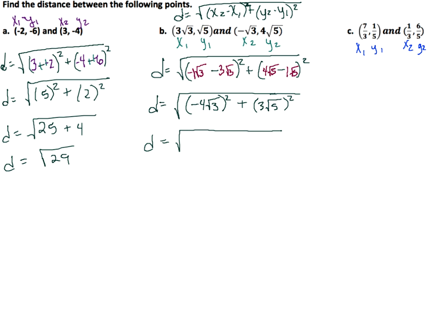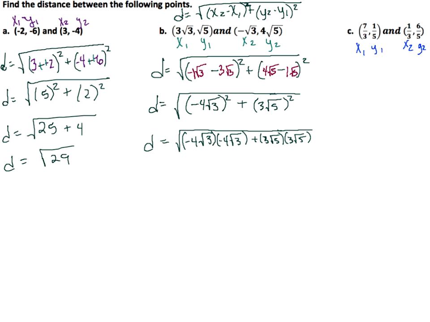So I'm going to show you, instead of just applying the exponent rule and doing it in my head, I'm literally going to show you the multiplication. It's not necessary to do it this way, but I don't want anybody confused with where things came from. So this is the same thing as negative 4 square root 3 times negative 4 square root 3 plus 3 square root 5 times 3 square root 5.